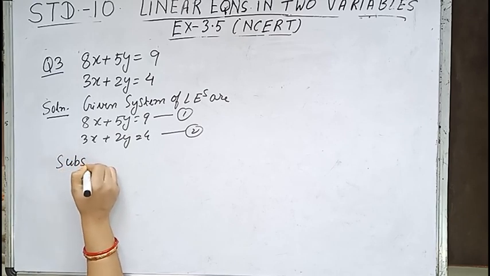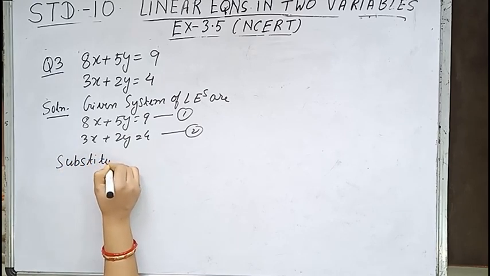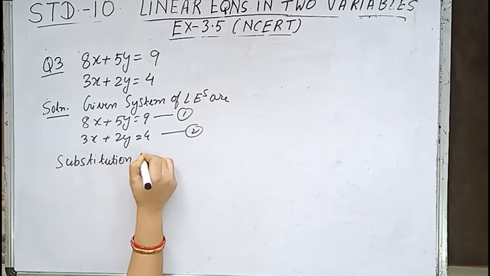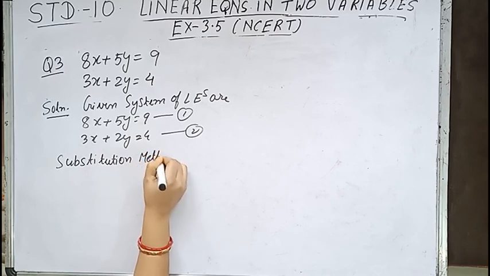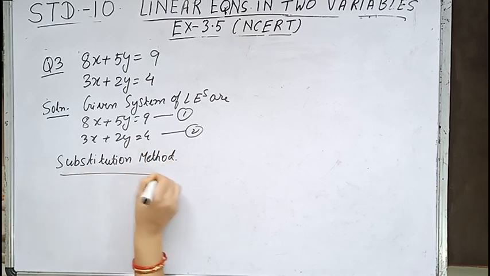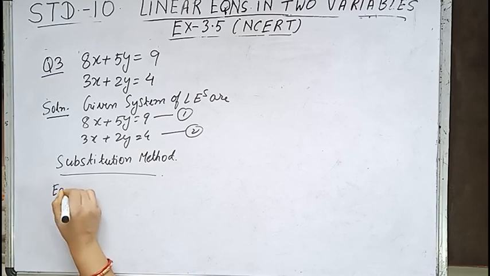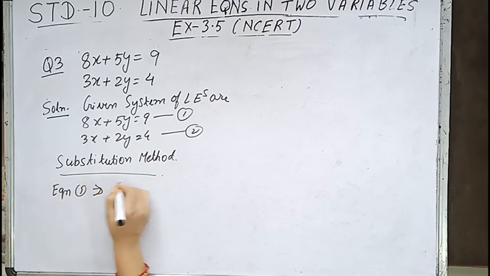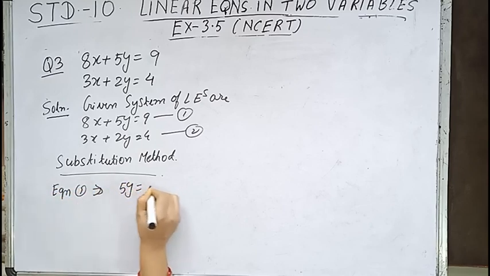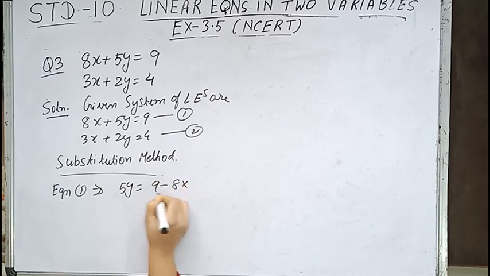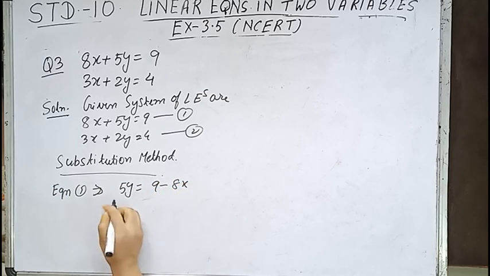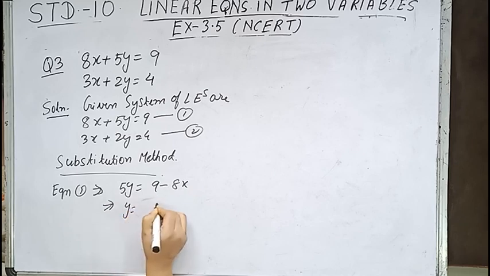First let us write substitution method. Substitution method. Equation 1 implies 5y equals 9 minus of 8x implies y equals 9 minus of 8x by 5.